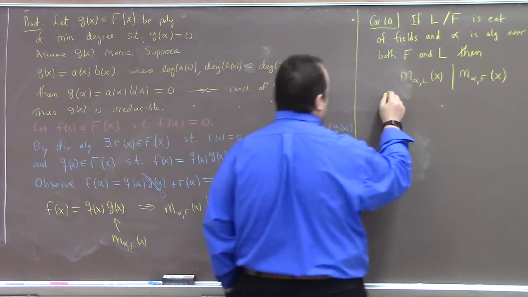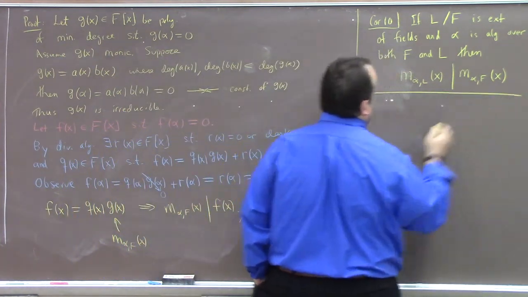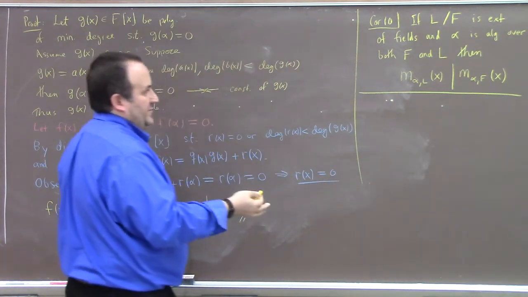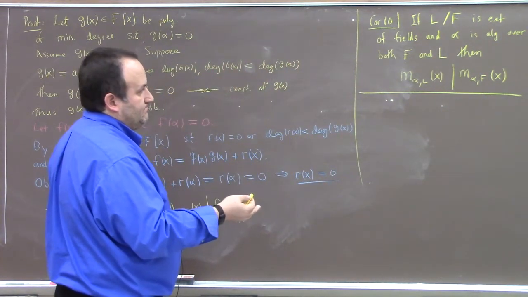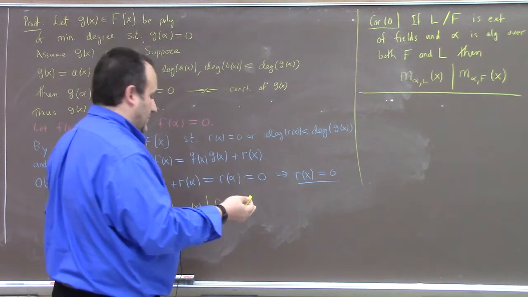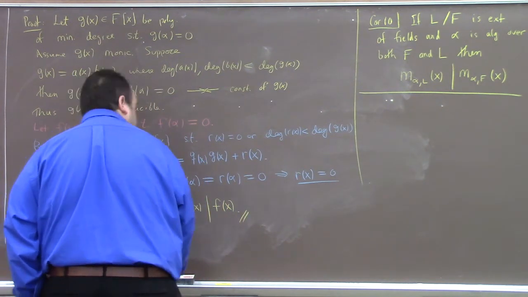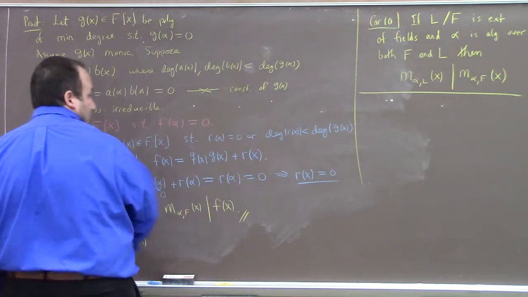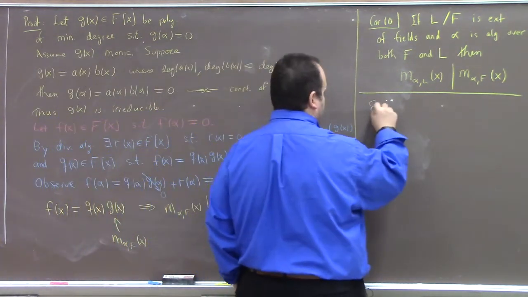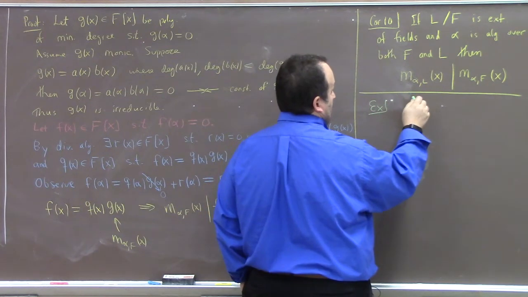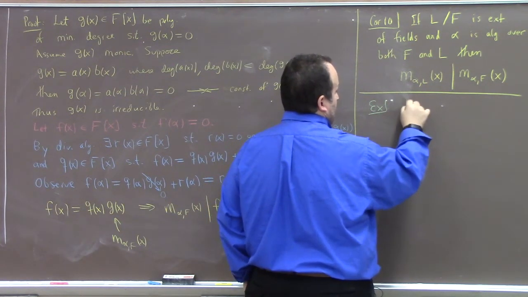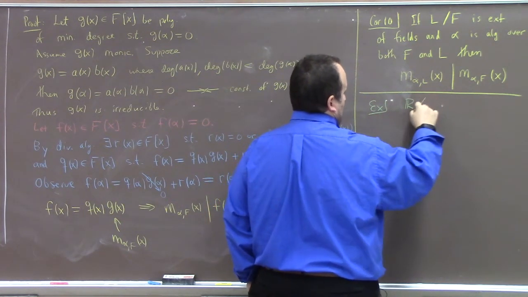Let's see, here's a really simple low-tech example of that. We could take the real numbers over the rational numbers.